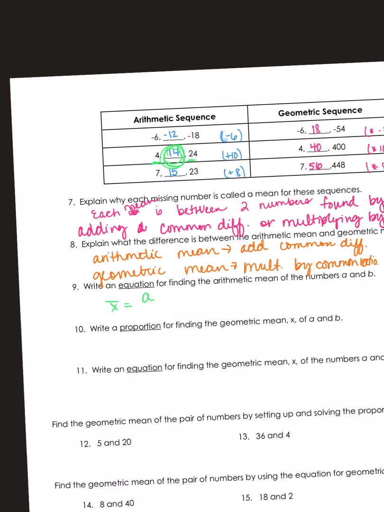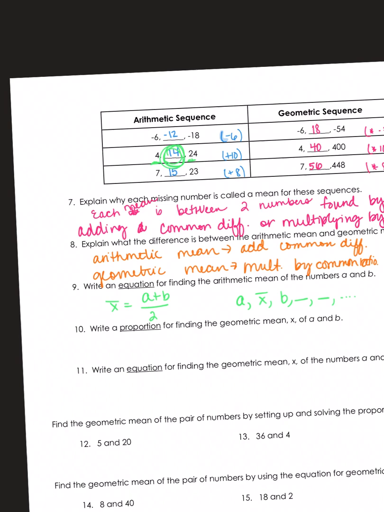So add your two numbers, a and b, and divide by 2, and you will get the arithmetic mean. So the sequence would be a, the arithmetic mean, and then b. And note too that this can continue, right? We're just talking about the mean between two numbers as part of a sequence, but the sequence can continue.